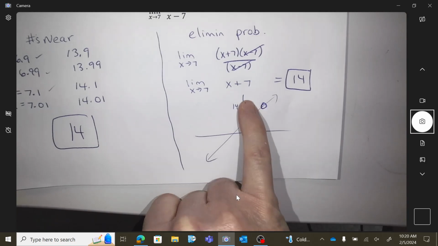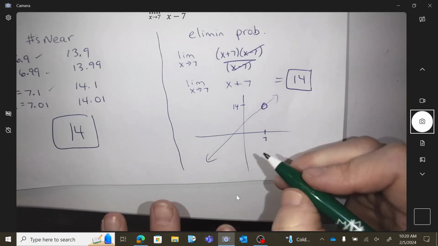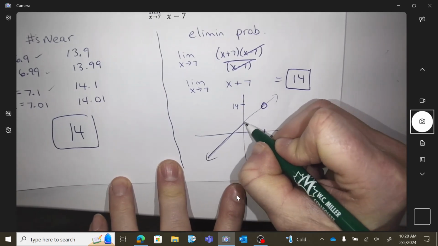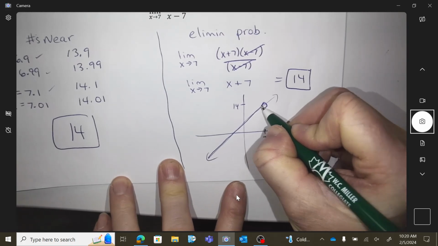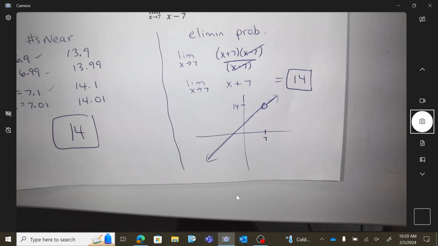At the x value of 7, there's just a hole in the line. So can you see what a limit is? As I travel on this line, as I get closer and closer to 7, the height gets closer and closer to 14. It never, ever, ever touches the height of 14, but that's what it's close to.